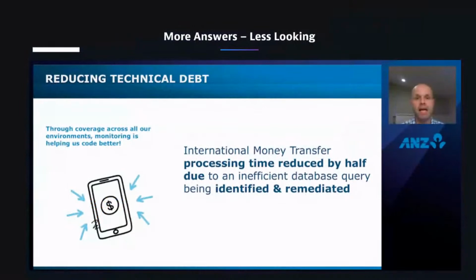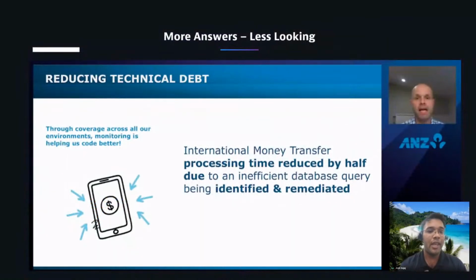Another client that's had something similar happen is ANZ. This is directly from ANZ. So one of the key issues that we were facing was international money transfer, and Dynatrace was able to reduce their processing time by half by identifying an inefficient database query and being able to remediate it on the spot.